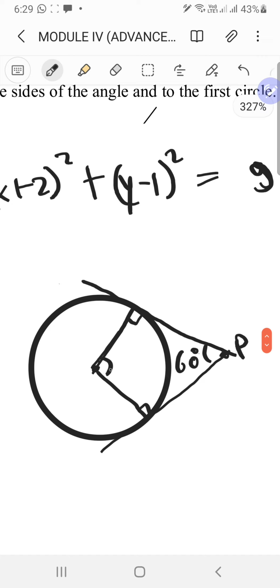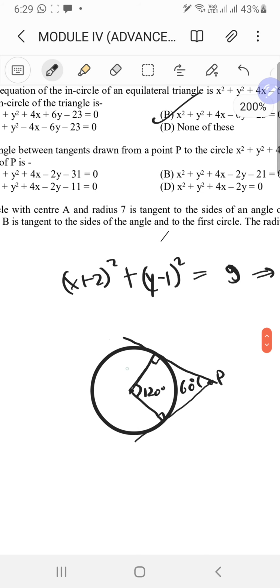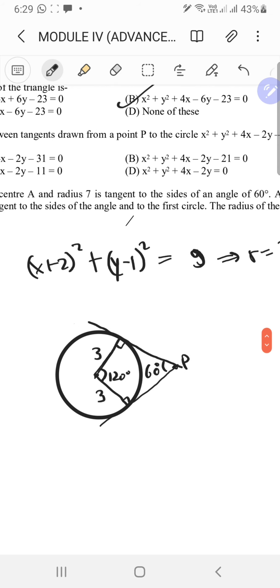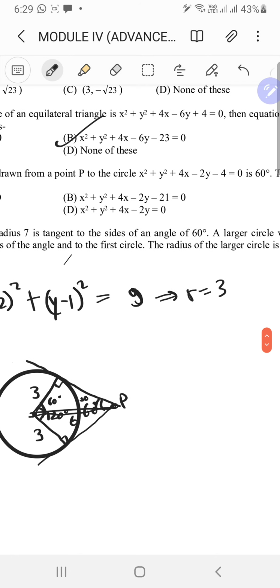So these two have to add to 180, so 120 degrees, correct? And what's the radius? It's 3. So we just need to find what this thing is. So this is going to be 60 degrees and this is going to be 30 degrees. So it's a classic 30, 60, 90 triangle. Cosine of 60 degrees is 1/2, which means that this thing should be 6. So instead of 9 over here, you will just have 36.